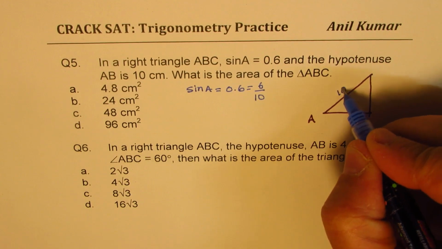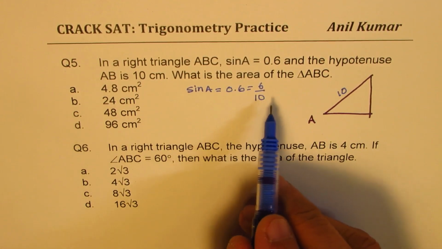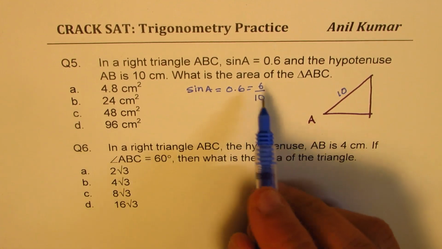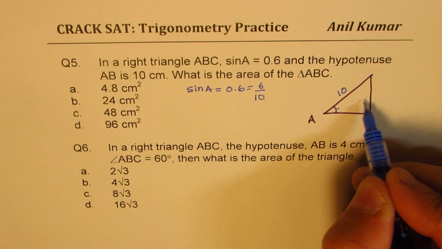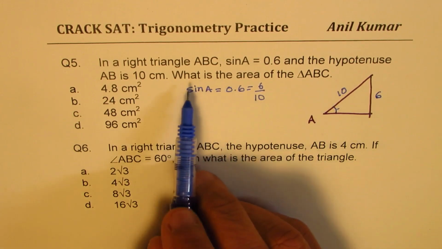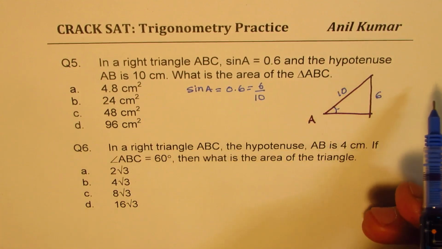So that is very simple. Even if it is not 10 or 20, we could work it out because this is a ratio. Sine A means we are talking about the side opposite, which is 6, and the hypotenuse is 10. What is the area of this triangle?